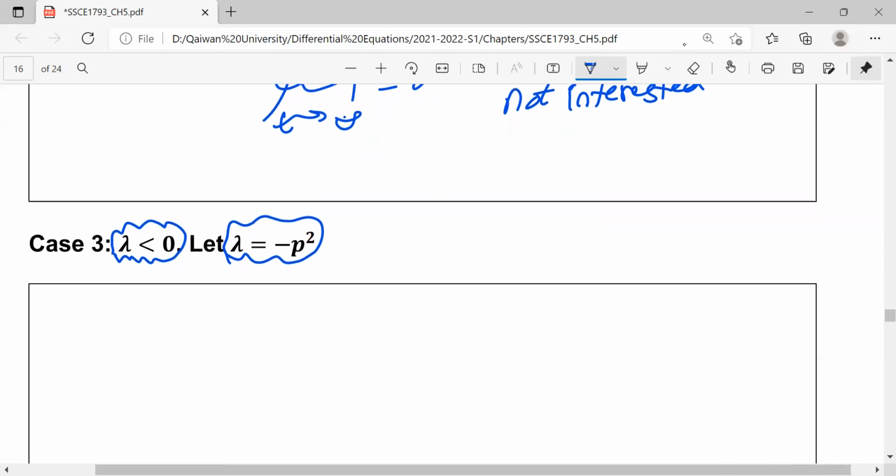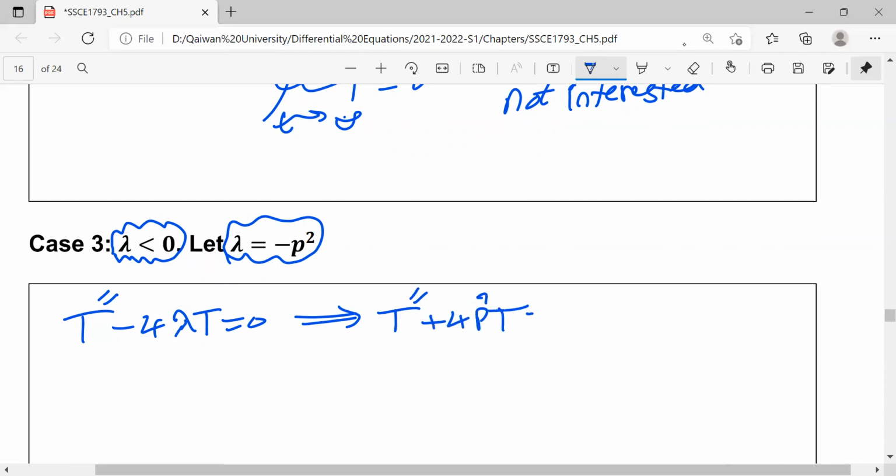Here we say for lambda equal to negative p squared, it means lambda is a negative value, T double prime minus 4 lambda T equals 0. If you replace lambda by negative p squared, negative times negative becomes positive. We get T double prime plus 4p squared capital T equals 0.